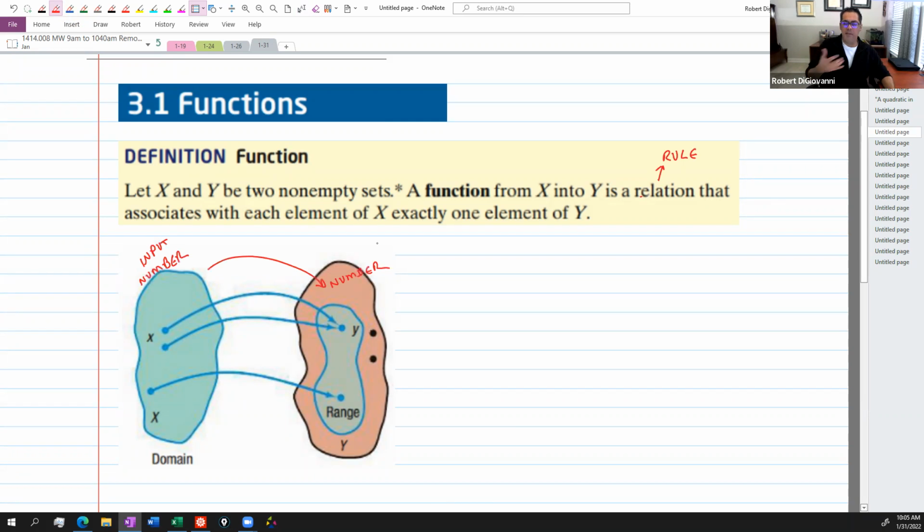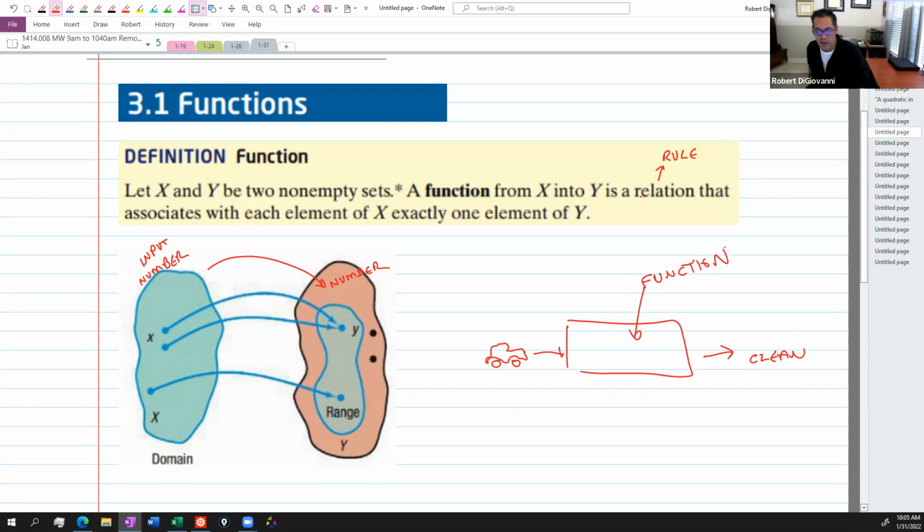So you think about it like a machine. You put something in the machine and it has something that comes out the other side. I like to think about it like a car wash. Your car goes in, it's dirty, comes out a clean car. Well, this right here is the function. It's the actual machine. It takes an input and it spits out an output.